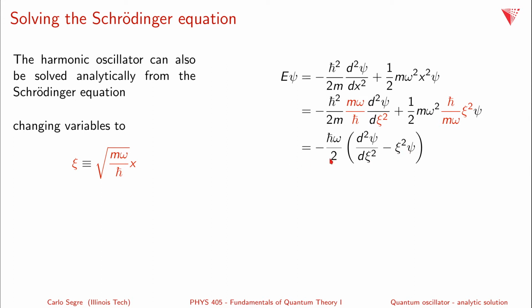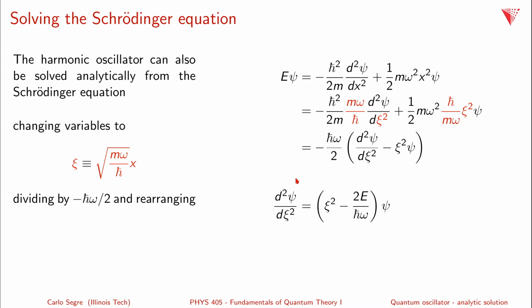If I now divide by minus h bar omega over 2, bring this by itself on one side of the equation, and bring this to the other side, I will get the following with the energy. So we have d squared psi dxi squared is equal to xi squared minus 2E over h bar omega. And this then is applied to psi.